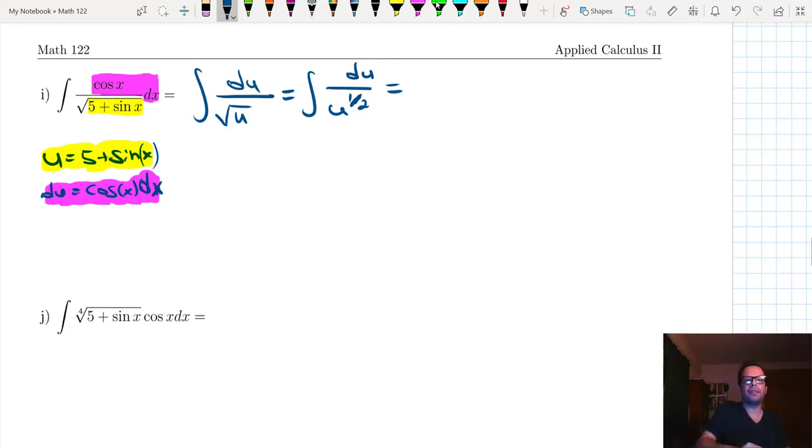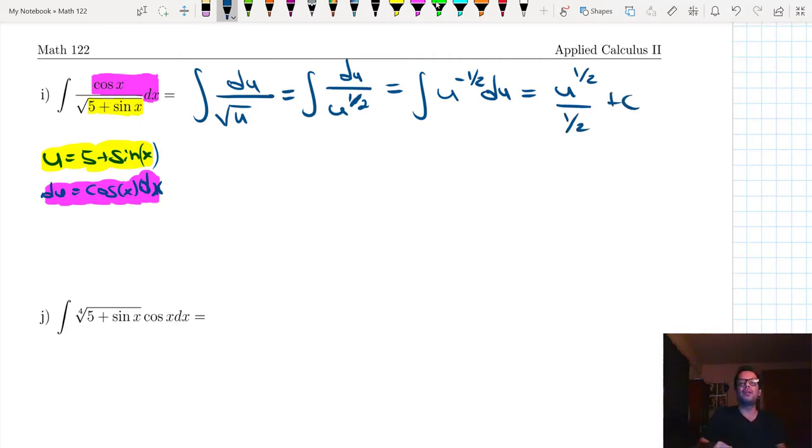And then we are going to move this to the numerator, because we cannot integrate it while it's in the denominator. Okay, so that's going to be u to the negative 1/2 du. And here we are ready to use the general power rule. This will be u to the negative 1/2 plus 1. That's going to give us 1/2 and divide by 1/2 plus c. All right, over here, this is going to look a little bit weird.